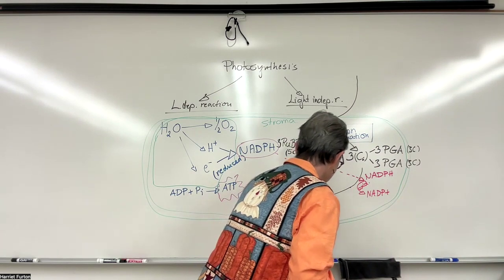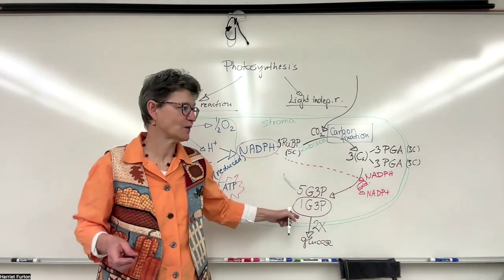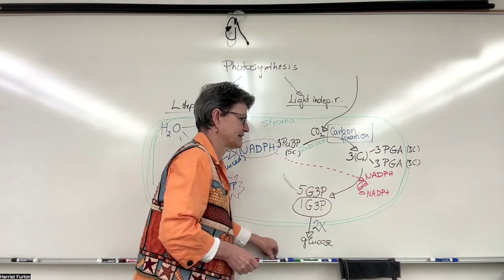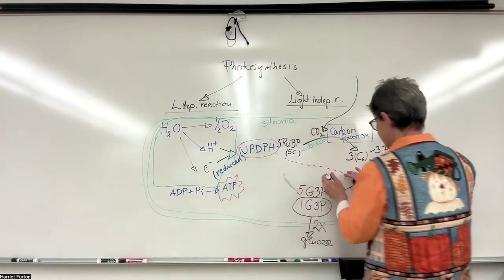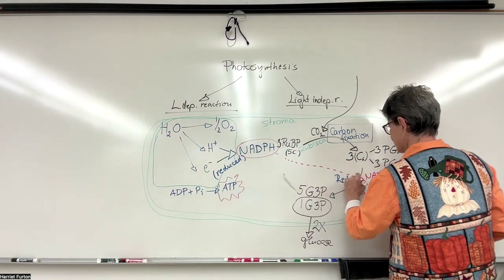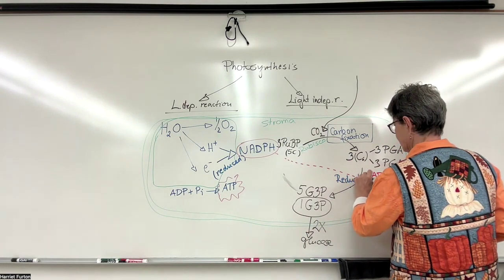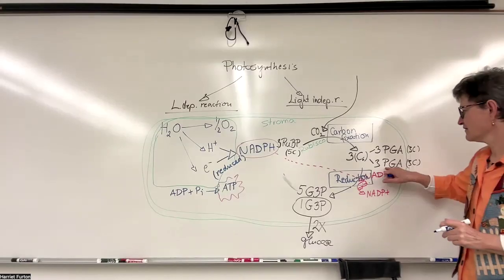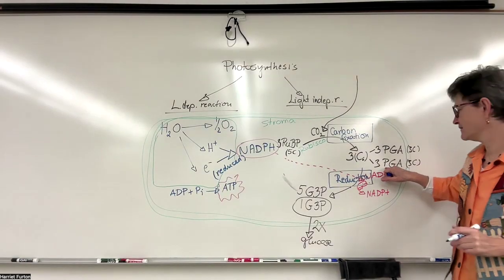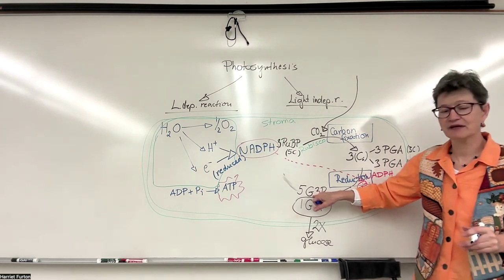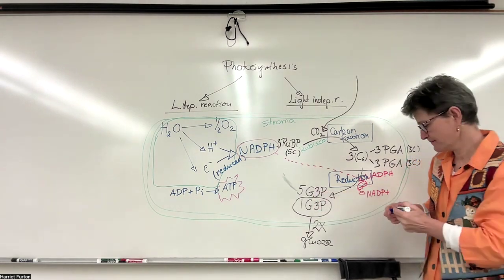But this cycle has to happen twice. So that step was the reduction step. Reduction of the PGA molecule, and it's going to be the G3P molecule.